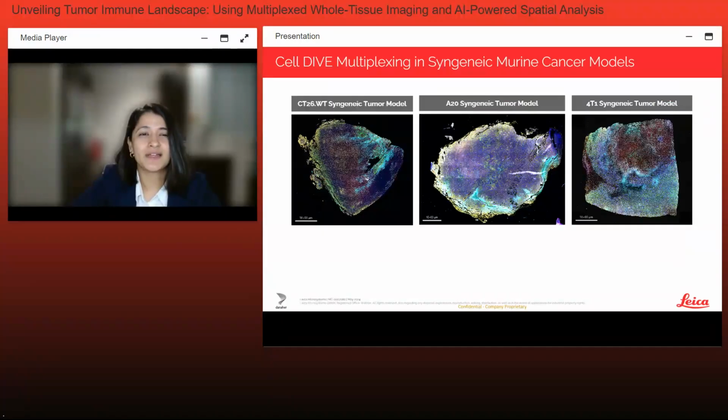This multiplex study can be extended to other tumor tissues originating from various sources. Here, I'm showing a few more data sets from syngeneic murine models associated with various cancer types, like colon carcinoma, lymphoma, and breast carcinoma.